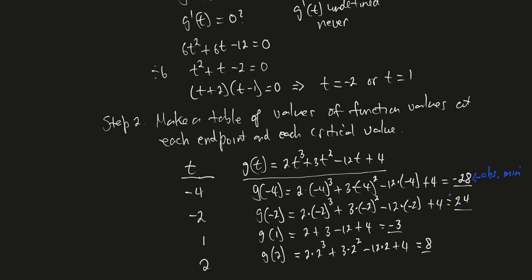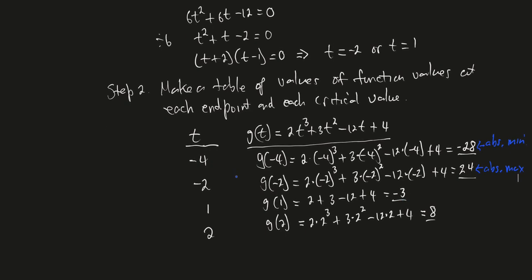This number here is the absolute max. The function doesn't get any higher than a value of 24 on the interval from t equals negative 4 to t equals 2. These other points, I don't know what they are, but they're not the absolute max. My interest right now is to pick out the highest of the high and the lowest of the low.